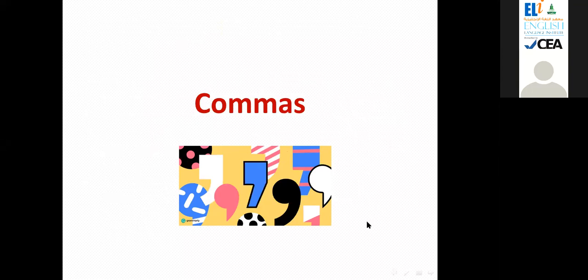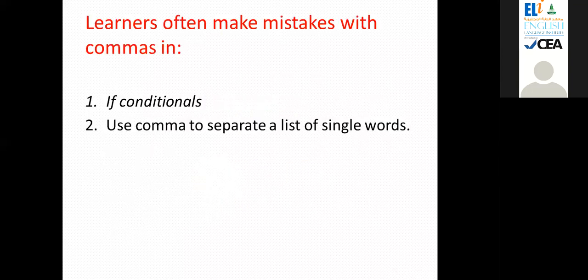When we talk about the comma, we just want to indicate that learners often make mistakes with commas in different contexts. In this session, we will focus on two examples: with if conditionals, and we use the comma to separate a list of single words. We are not looking here at the grammar, we are looking at commas in the if conditional.